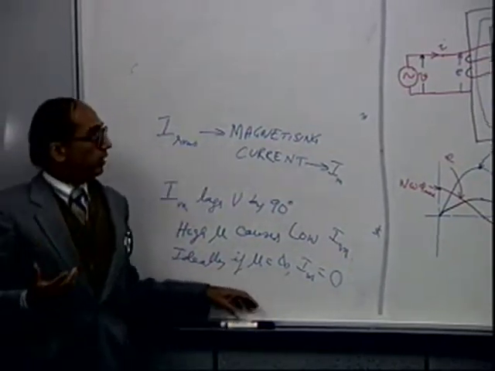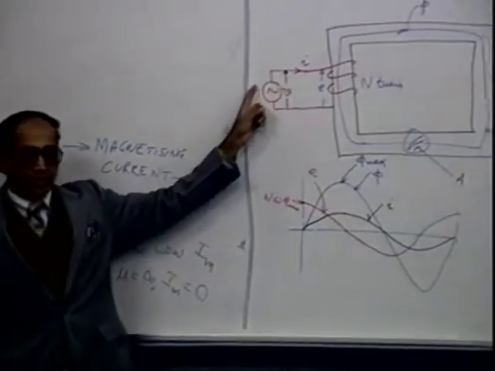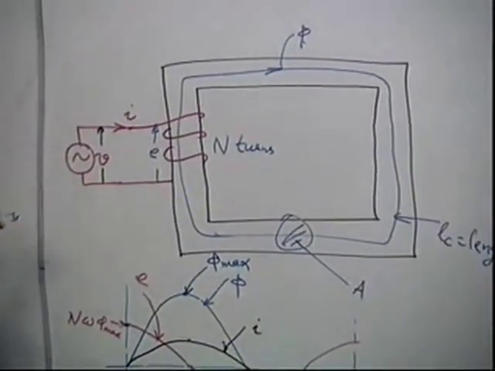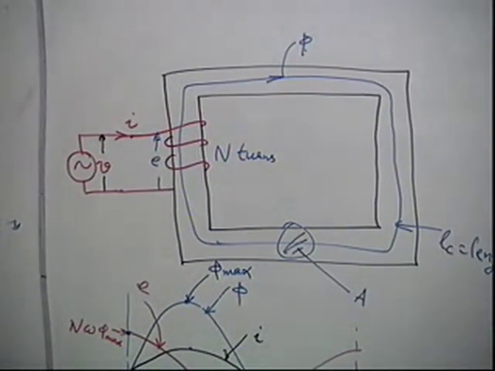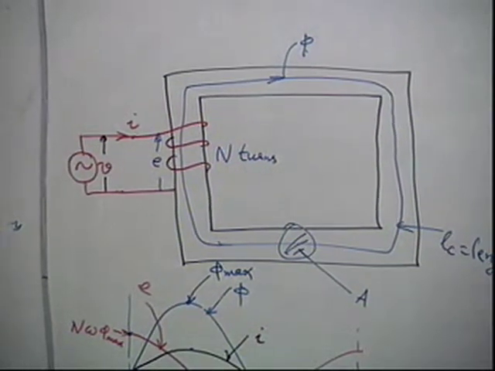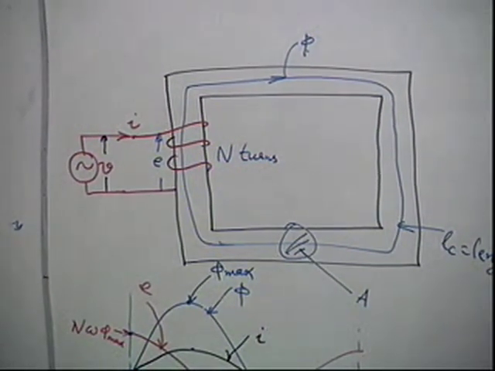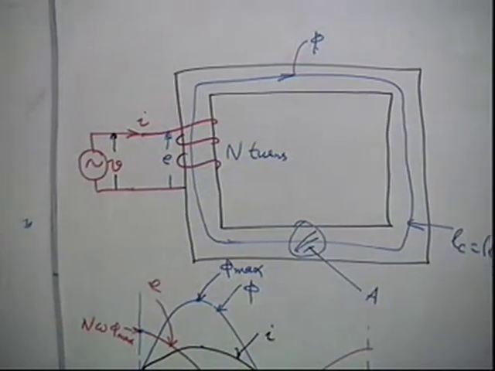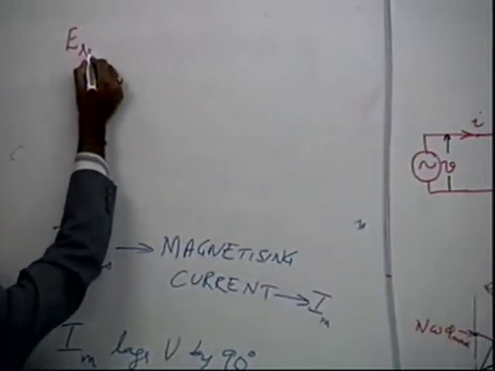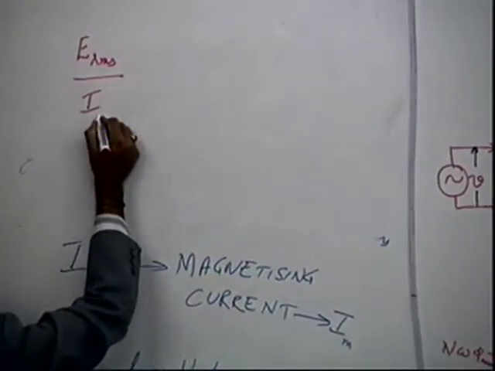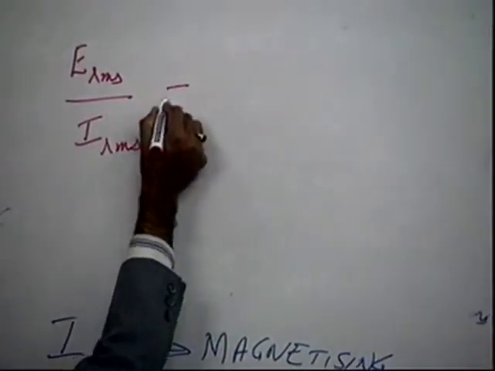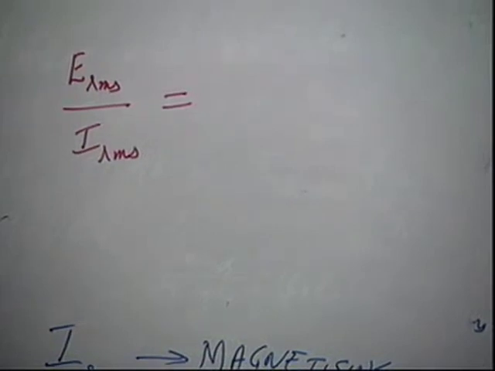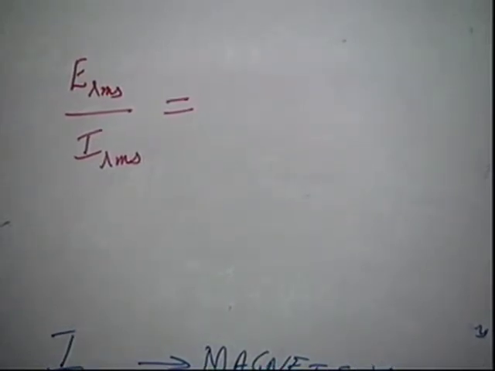You have found the IRMS for the given E. Now you have, for a given E for this AC circuit, what is the ratio of this? What is its unit? Yeah, but would you like it a resistance or reactance?